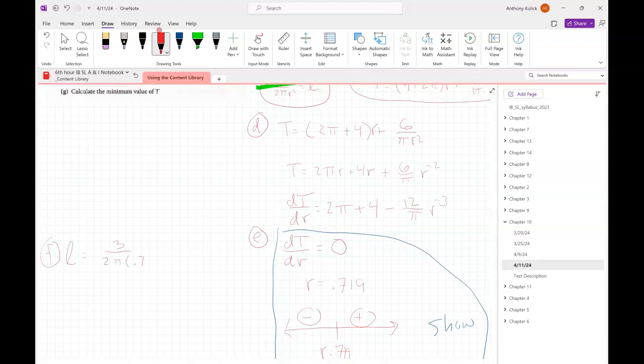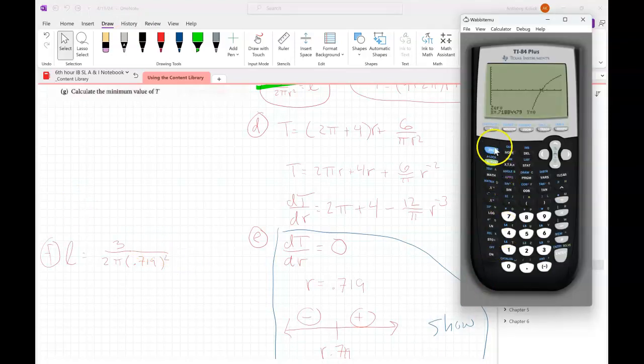And then in place of the R, I'm going to use that minimum value for R. So I get 0.924.